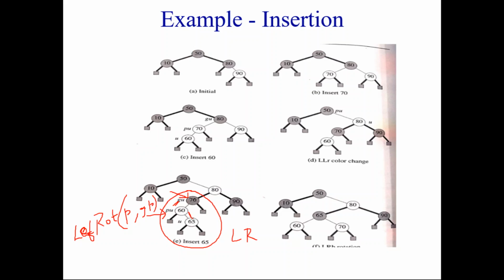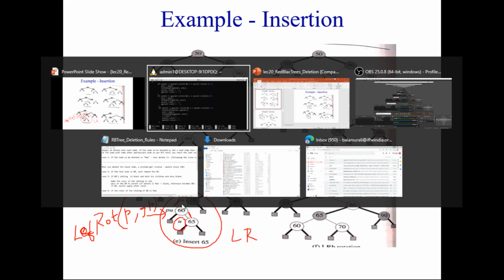So when you perform left rotation, what will happen? 60 will go down and 65 will come in between 60 and 70. Again you have to perform a right rotation on the new node and on the grandparent. So that is the logic.